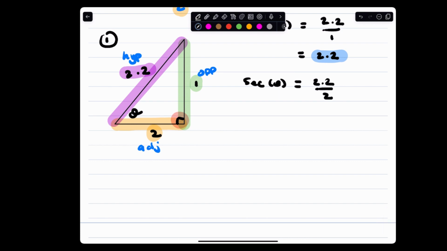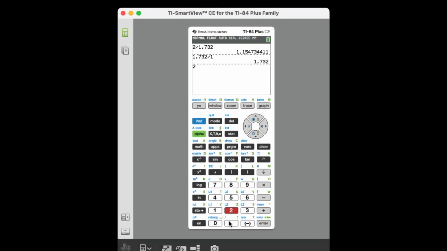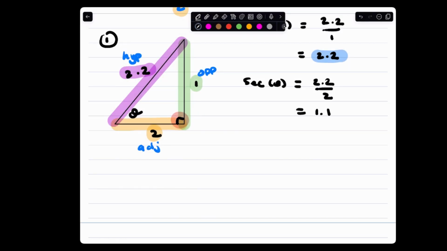Now, I don't need my calculator. That's going to be 1.1. Is that true? 2.2 divided by 2 is, in fact, 1.1. All right, good. Did you guys get this answer? Good. Easy peasy?